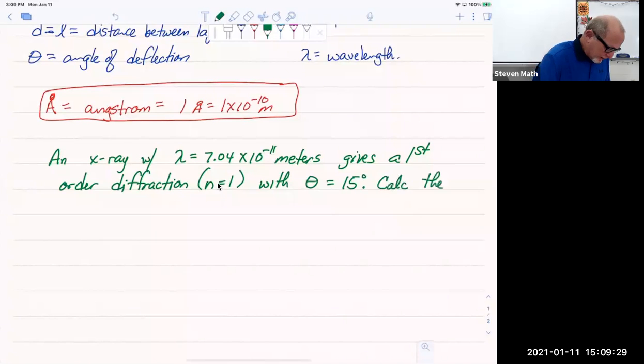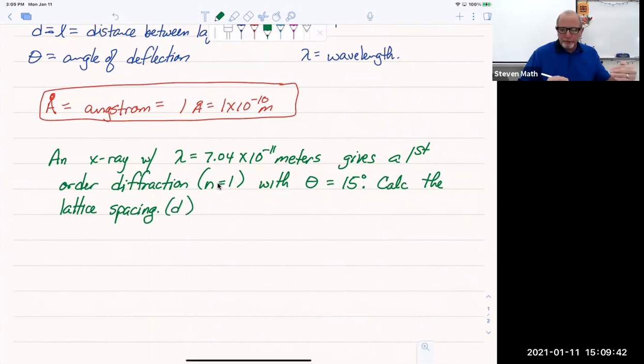Calculate the lattice spacings. The fancy way of saying calculate D, which we said D is equal to L, so don't worry about that.